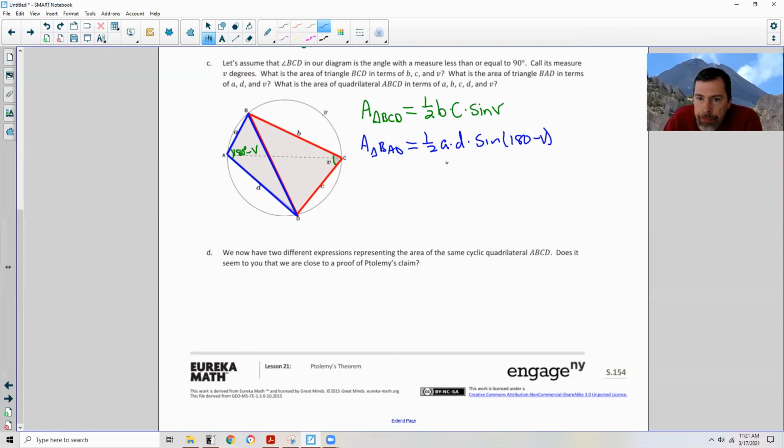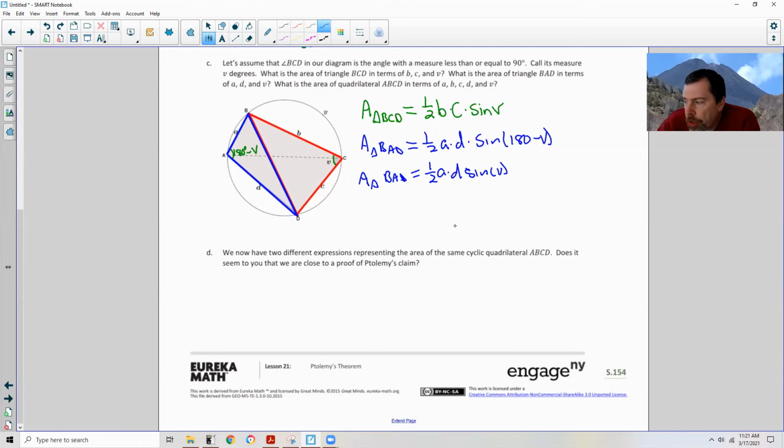Or we could say 1/2 A times D times the sine of just V, since they're equal.